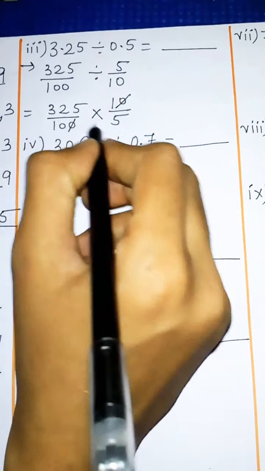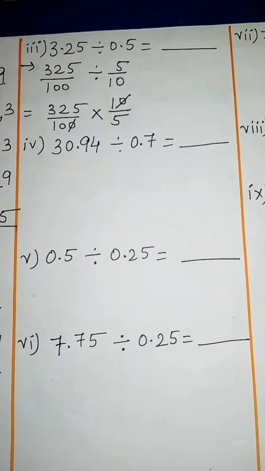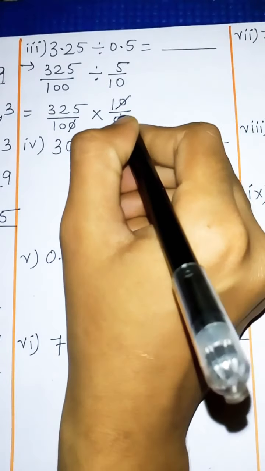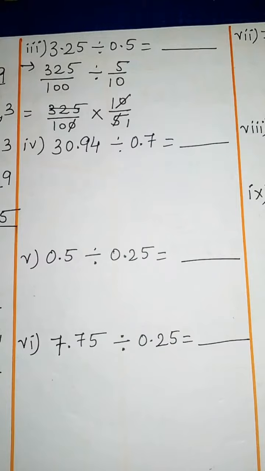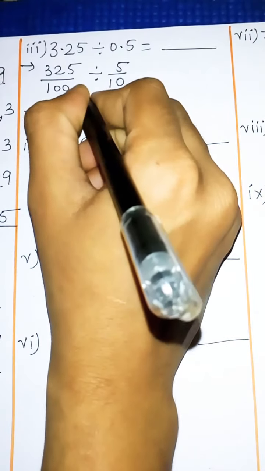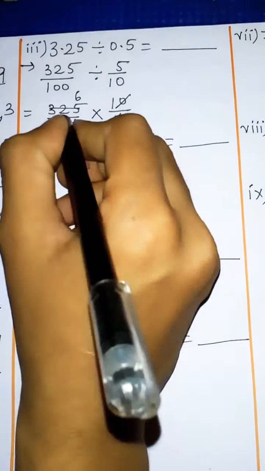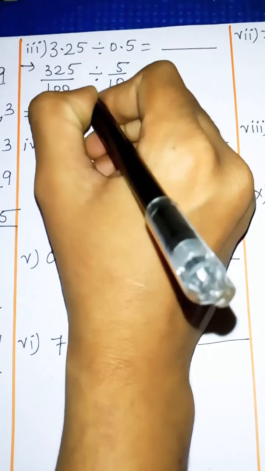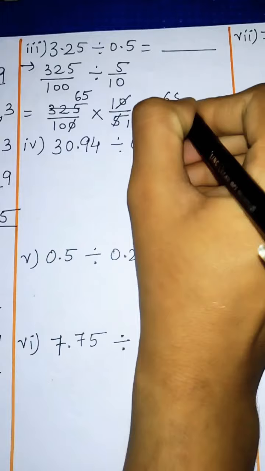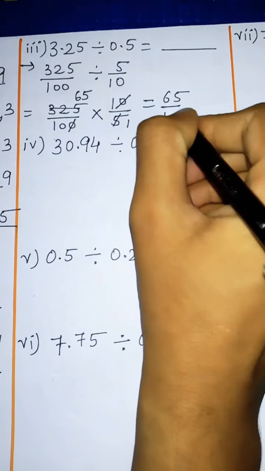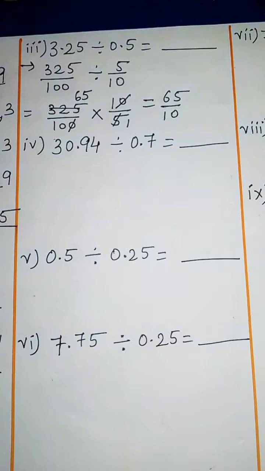Now 5 and 325 both are possible with the table of 5. So it will be 5 ones are 5, and here 32. So 32 means we will take 5 6s are 30. Now 2 is left. 2 5 25 means 5 5s are 25. So 65 and down what is left? 10. So 65 upon 10 is left.